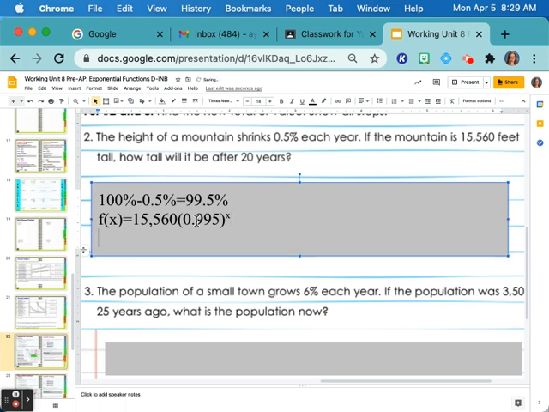So how can we find out how tall it'll be after 20 years? Put it into y equals. Find out what f of 20 is. So go ahead and do that. Okay.